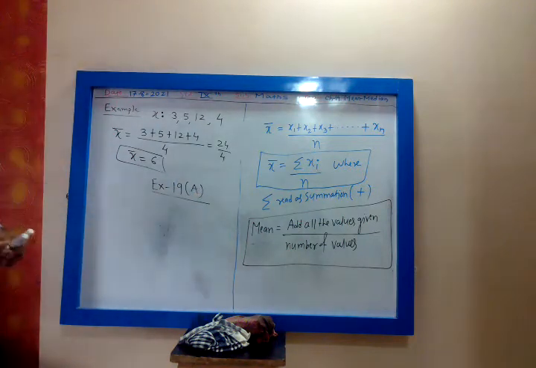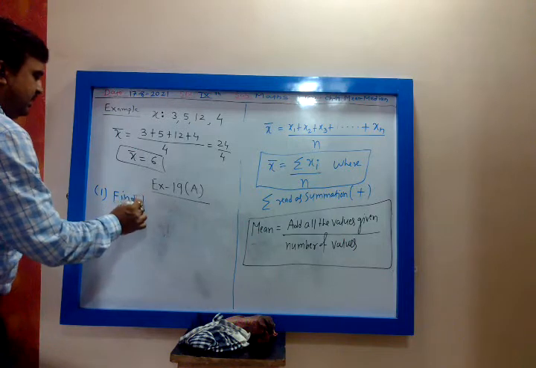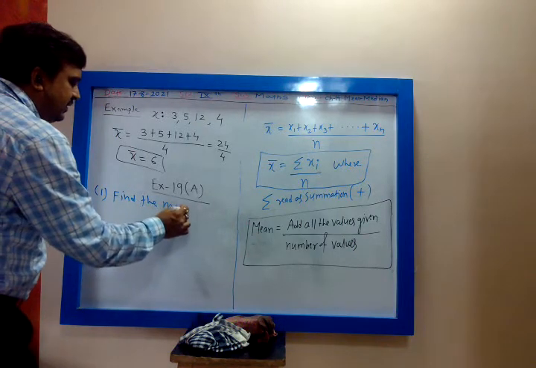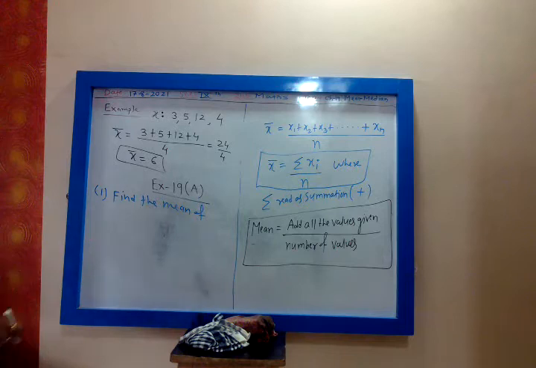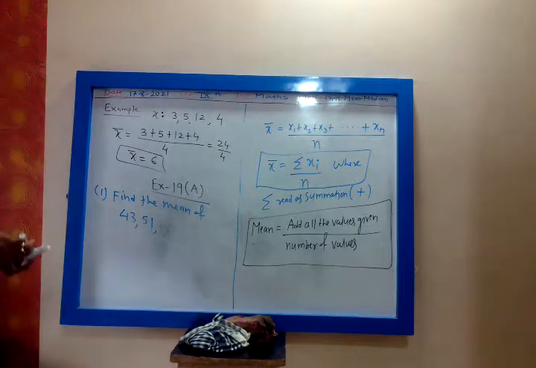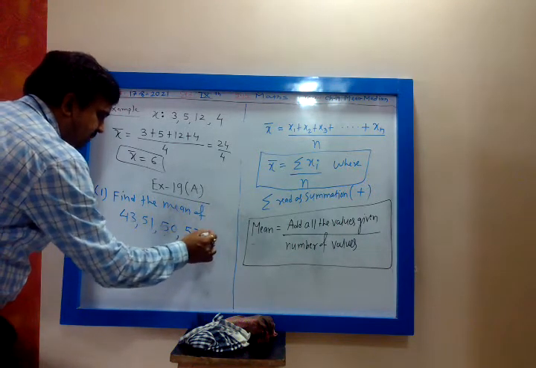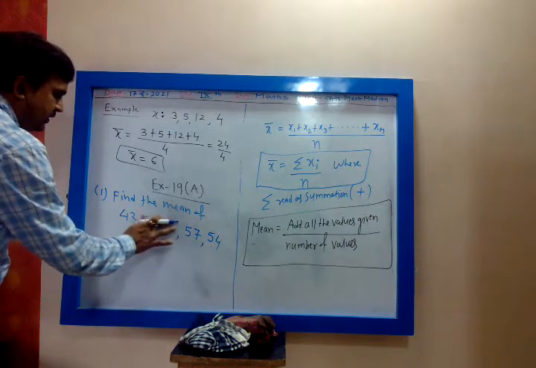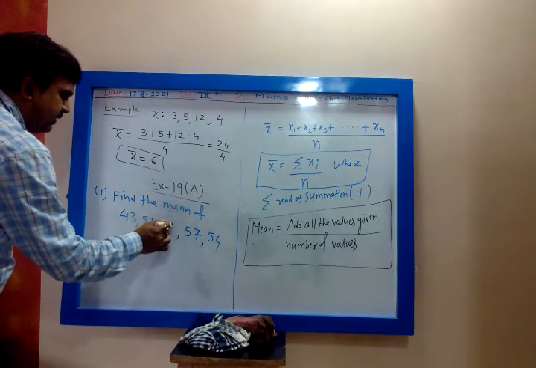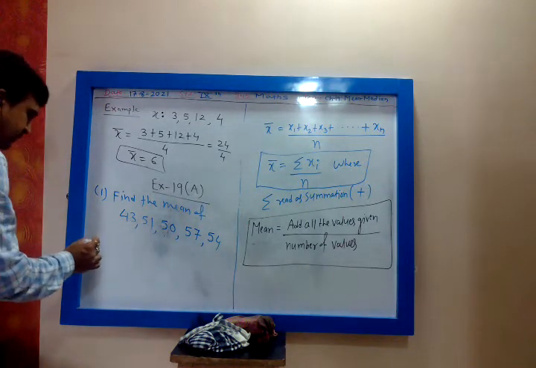Now let us see the first exercise. Find the mean of the values 43, 51, 50, 57, 54. So how will you find the mean value?